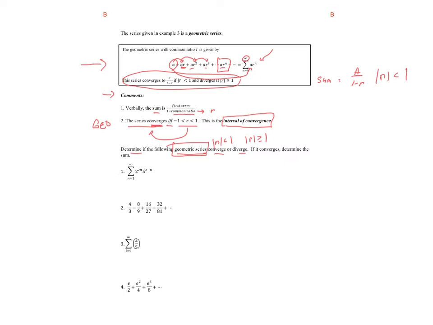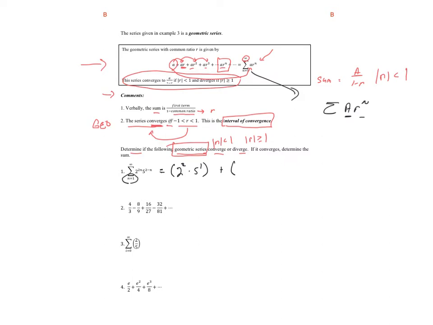Starting, I'm going to rewrite our form over here: a r to the n. We want our starting value, then our multiplier. A different way we can write this is to write out the terms first. Evaluating at n of 1 first, my first term is 2 squared multiplied by 5 to the first.